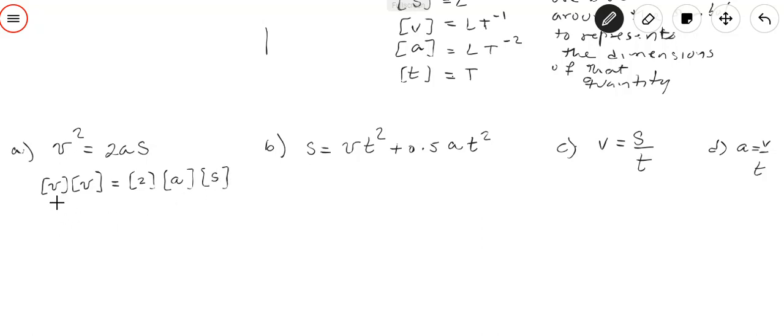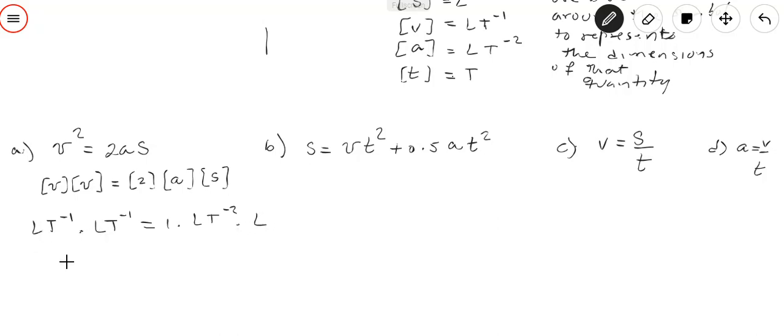Which are the units of velocity? L T to the -1, times, again, L T to the -1 equals, any constant will be replaced by 1, times the acceleration replaced by L T to the -2, times distance, that is L.